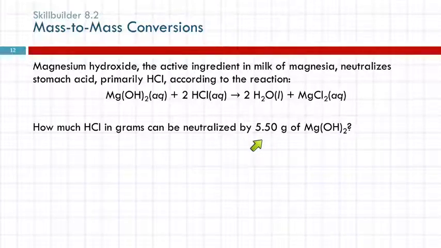Take the numbers and write them under the balanced chemical equation. So I've got 5.50 grams of that. The question, how much HCl in grams? So here's HCl, question mark, grams.